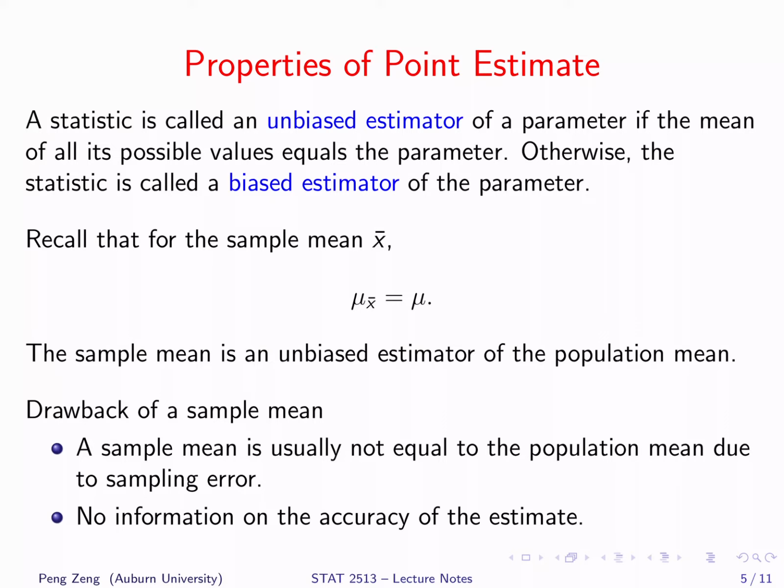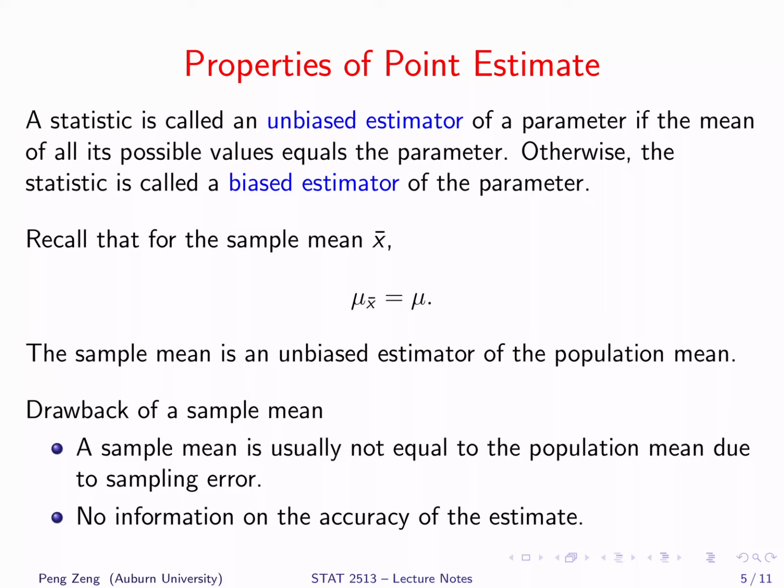Of course, an unbiased estimator is usually preferred because it equals the parameter it estimates on average. A biased estimator is systematically larger or smaller than the parameter it estimates.